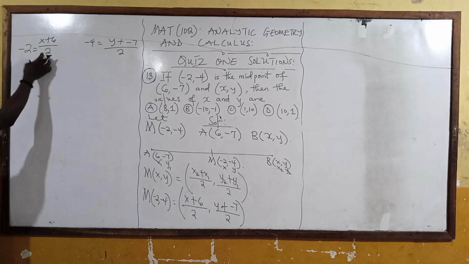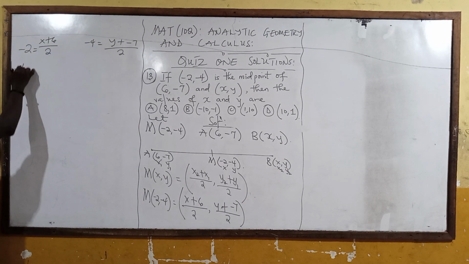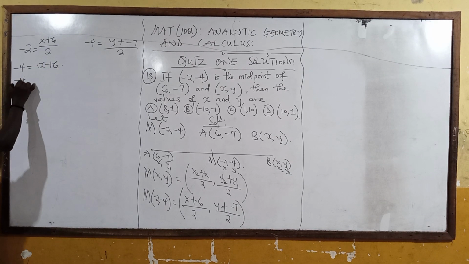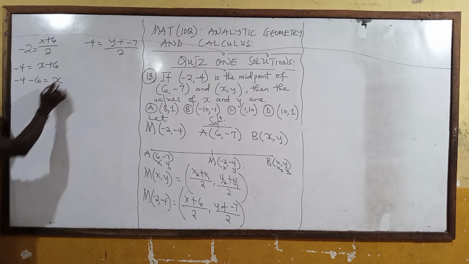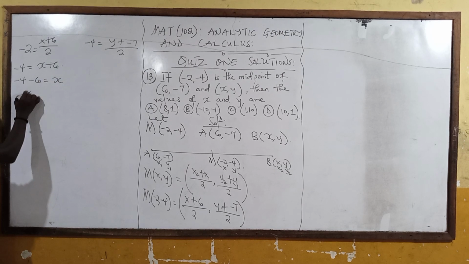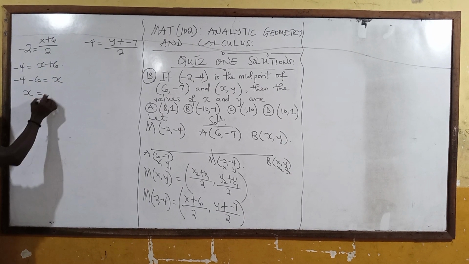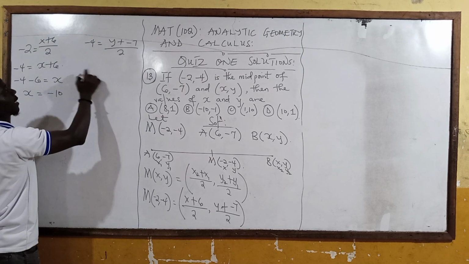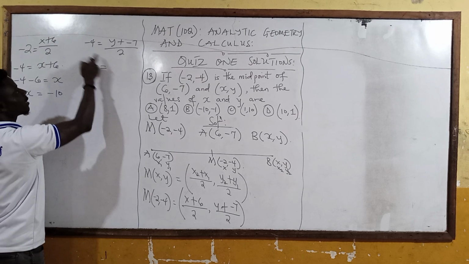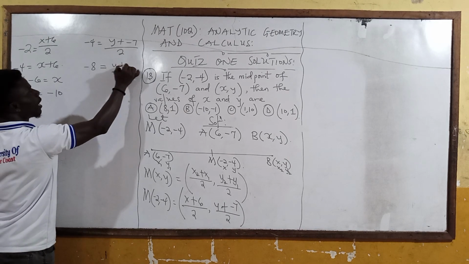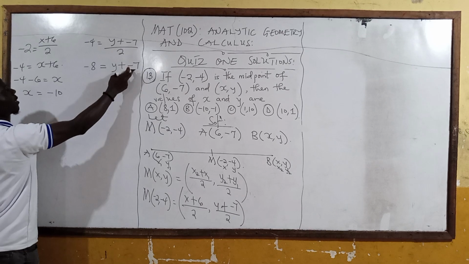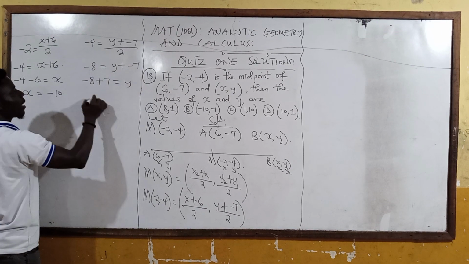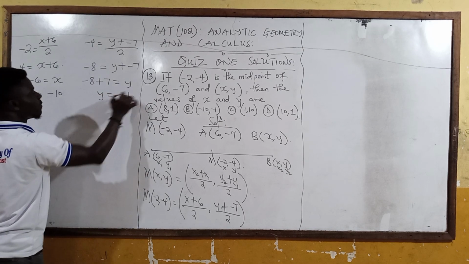By cross product, 2 times -2 gives -4 equals x plus 6. -4 minus 6 equals x, so x equals -10. 2 times -4 gives -8 by cross product, then y plus -7. -8 plus 7 equals y, so y equals -1.